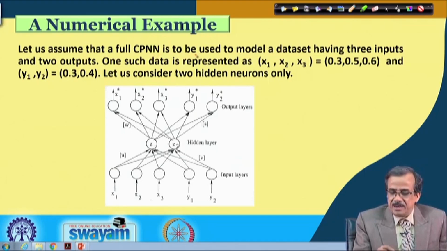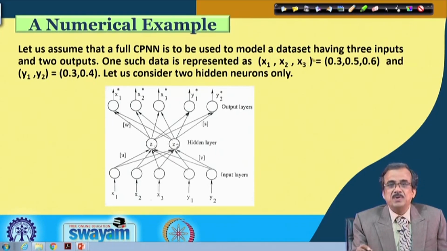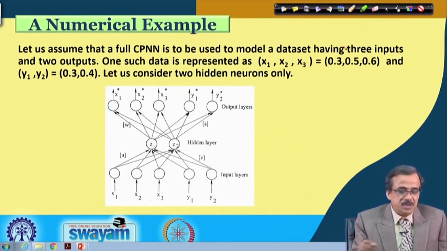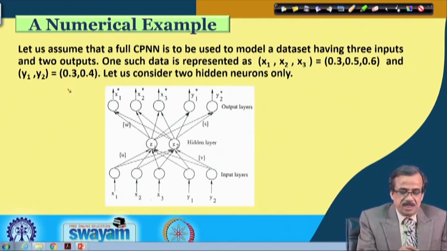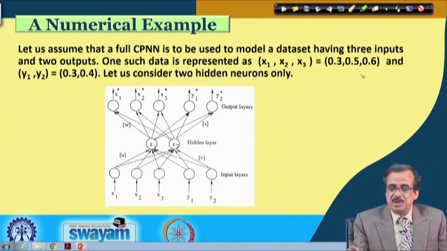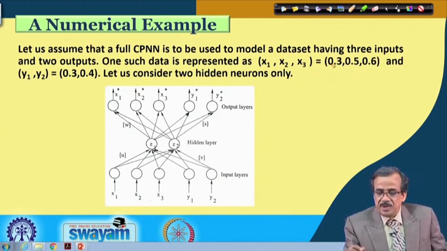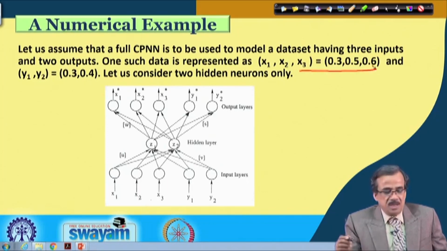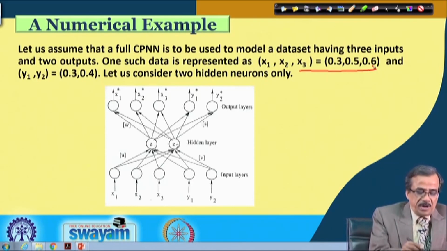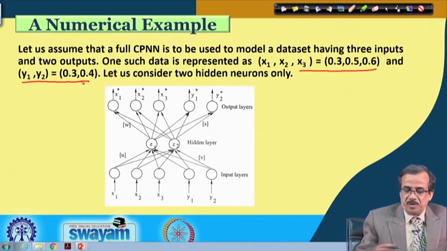For this CPNN, we are going to pass through 3 inputs, x1, x2 and x3. x1, x2 and x3 are 0.3, 0.5 and 0.6, and its corresponding outputs are 0.3 and 0.4.